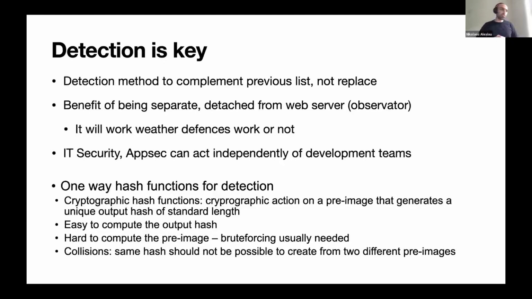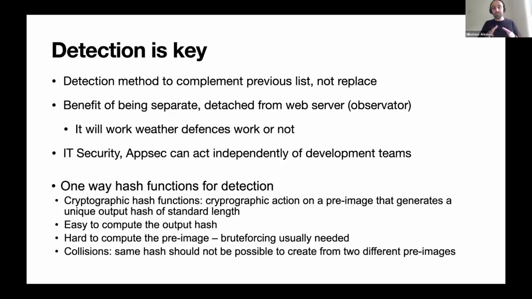You don't need to know too many details or too much crypto in order to understand what cryptographic one-way hash functions are. Simply put, it's a cryptographic function on a pre-image. The pre-image can actually be an actual image, or it can be source code, it can be text or whatever. So that's called the pre-image.